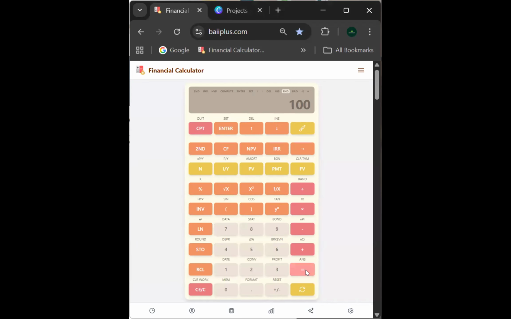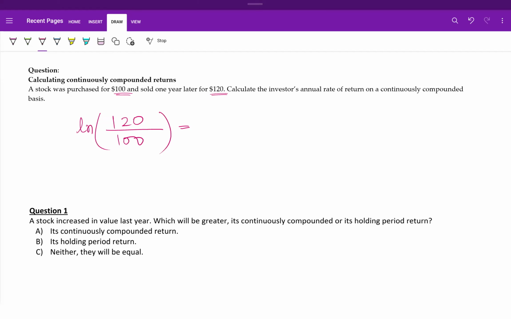This is going to give us 1.2, and we simply press the ln log function. This is going to give us 0.18. We multiply this by 100, which gives us a percentage of 18.23. So 18.23 percent is the investor's annual rate of return on a continuously compounded basis.